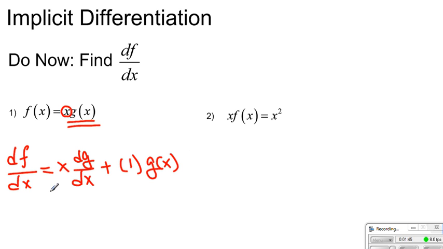So our final answer becomes, just like any other product rule, x times dg/dx plus g of x. That becomes our final answer.